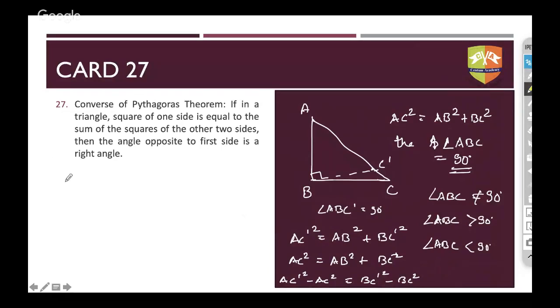So from here you can write AC dash plus AC into AC dash minus AC is equal to BC dash plus BC into BC dash minus BC.